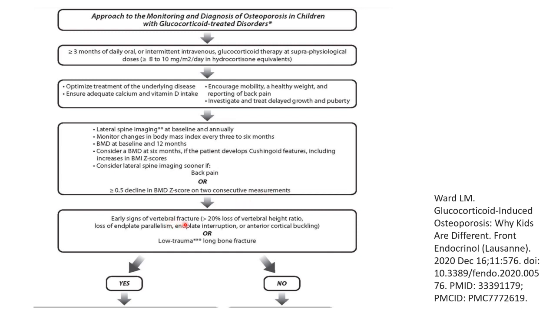Early signs of vertebral fractures include more than 20% loss of vertebral height ratio, loss of end plate parallelism, end plate interruption, or anterior cortical buckling, or a low trauma long bone fracture.